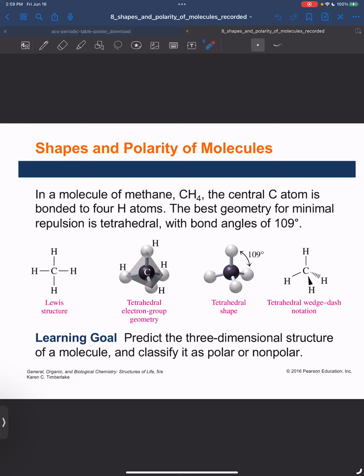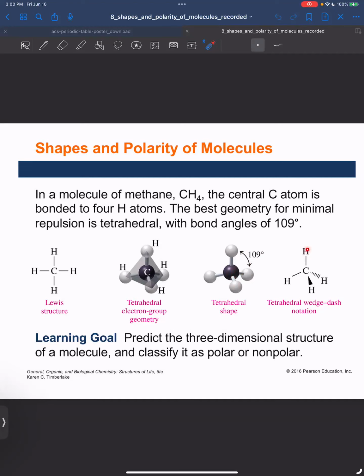But what we'll learn in this video is that molecules will take the most stable three-dimensional shape in order to minimize repulsion. And so actually the bond angles for methane are 109 degrees, which is larger than 90 degrees. And we can show this through this ball and stick model.